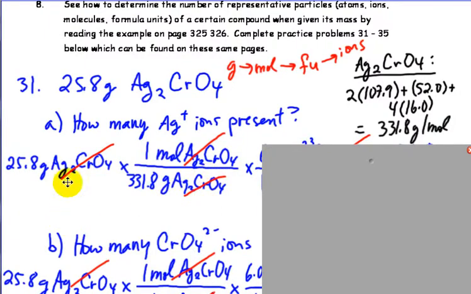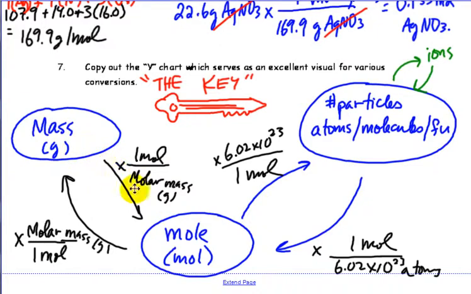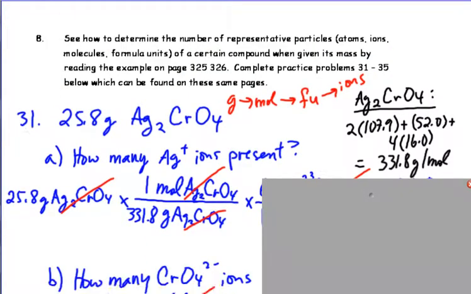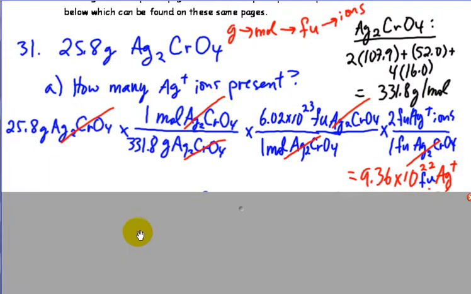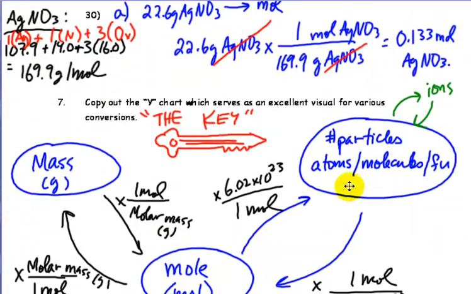If your units cancel, you have it set up right. So now we're in the mole bubble. We've done this step. Next, we need to go with this step. Multiply by 6.02 times 10 to the 23rd over 1 mole. And that'll take us to here.